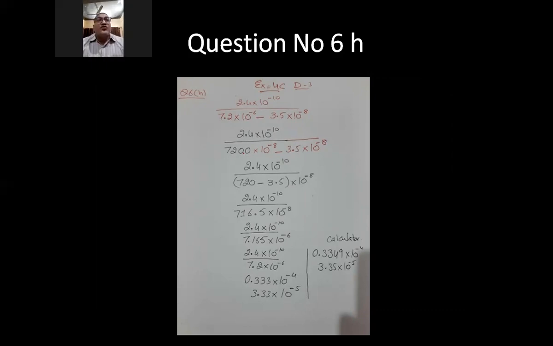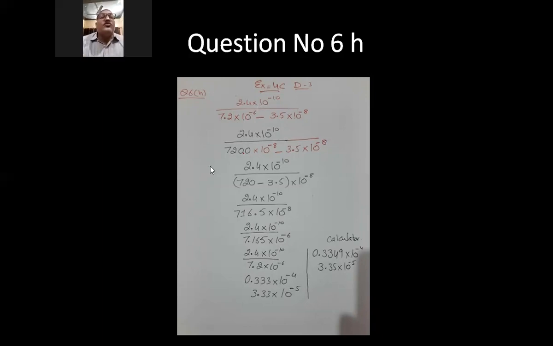So 2.4 x 10 power minus 10, and in the denominator, sorry, we have 7.2 x 10 power minus 6 minus 3.5 x 10 power minus 8. So I will move this 2 steps to the right, and from this power minus 6, I will subtract 2. Then the powers of 10 will become the same, so they can be taken as common.